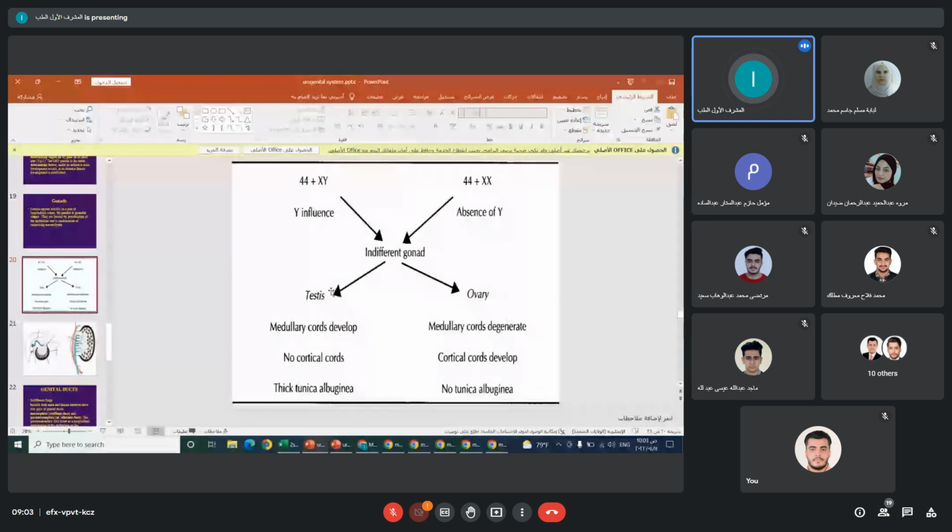How does it develop into testis? First of all, the cords of the gonad, the primitive cords, start to develop into medullary cords.